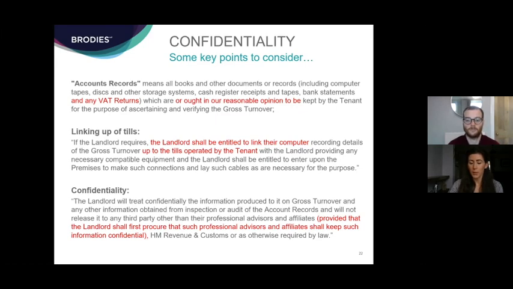So those items are typically requested, and you can also see there that sometimes the landlord can request a VAT return, but this only really works for smaller independent businesses trading from one premise as opposed to large chain retailers. And just the reason for that is the VAT return contains that information about all of the tenants trading, which is excessive and also not particularly helpful for the landlord determining what applies to one specific premise.